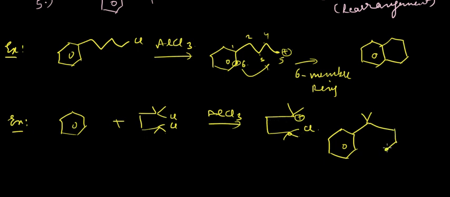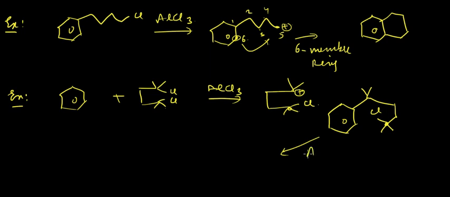Okay, and again Cl is there in this formed compound. Again in presence of AlCl3 we would have a positive charge here. 1 2 3 4 5 and a 6-member ring can be formed, with 2 substituents attached here.